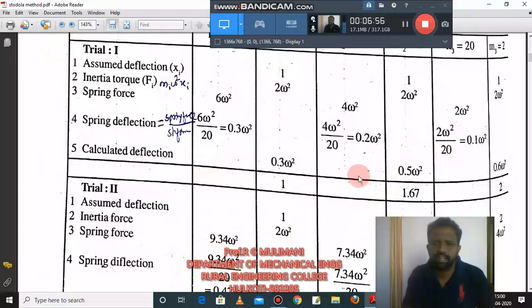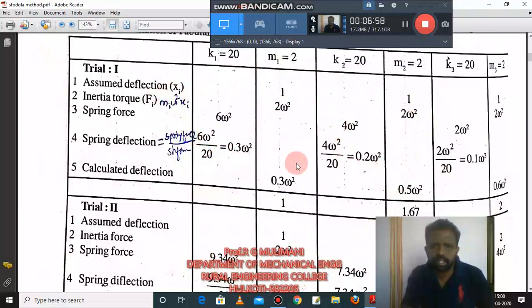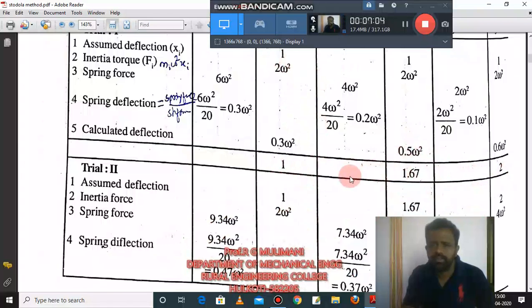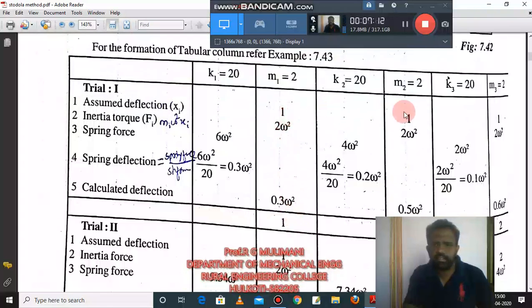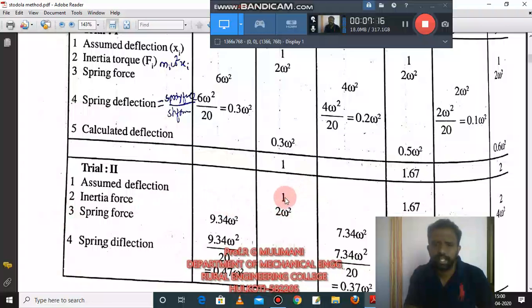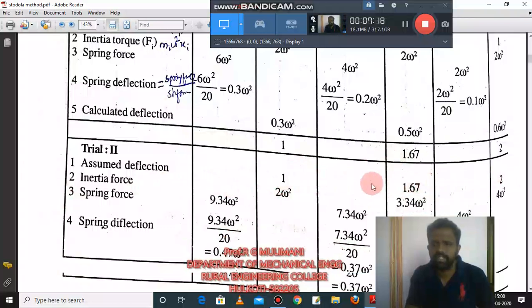We repeat the same procedure now by taking the new values, 1, 1.67, 2. This is trial 2. Again you repeat the same steps, but in the previous trial the assumed deflections were 1, 1, 1, and now we take 1, 1.67, 2.